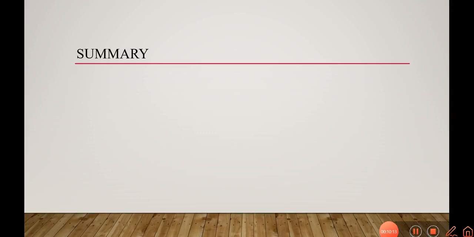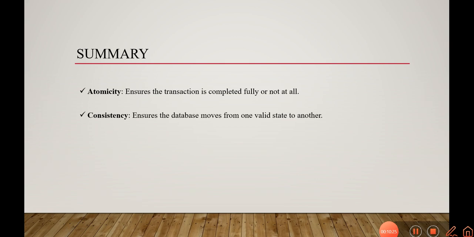So let's summarize. Atomicity ensures the transaction is completed fully or not at all. If the transaction is not completed successfully or fully, roll back. Simple.